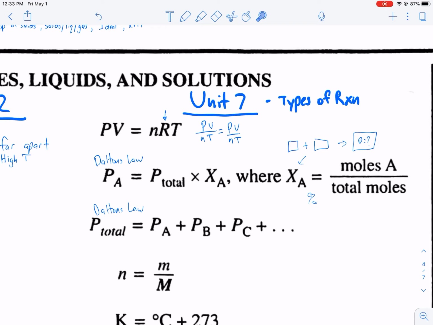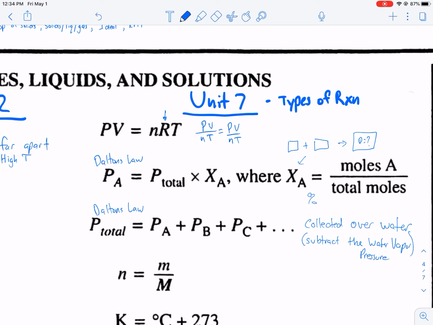Where we see this one used most is actually when we are collecting gases. Remember, if you see collected over water, what you need to do is subtract out the water vapor pressure.